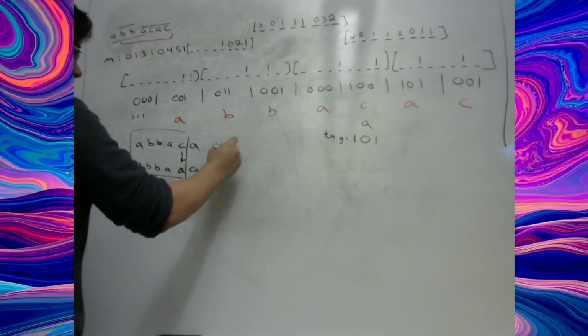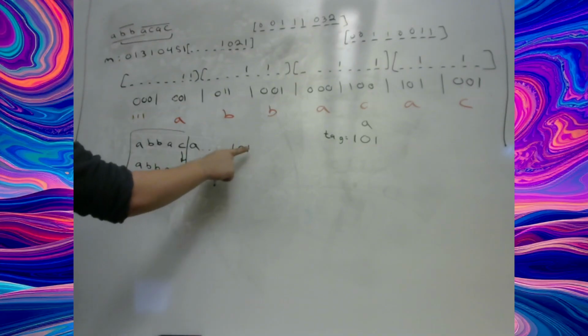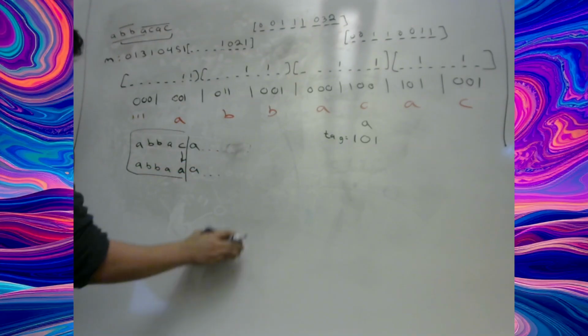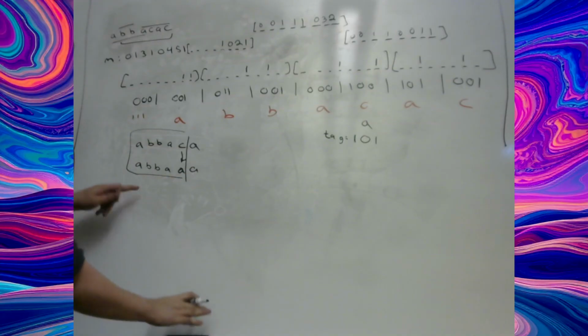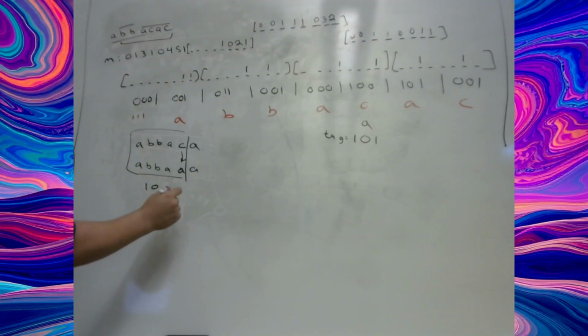So right now we said we had 1, 0, 1. So this prefix has, this has 1, 0, 0, right? And now it changed to 0, 0, 1.